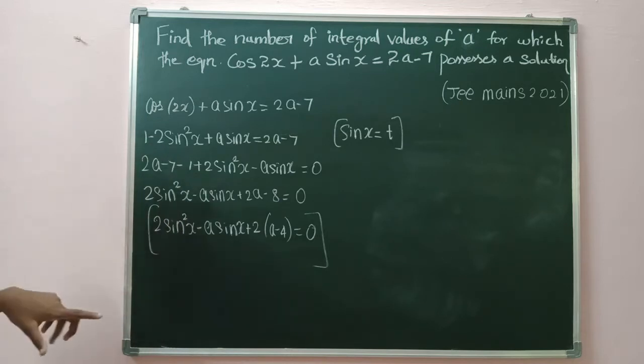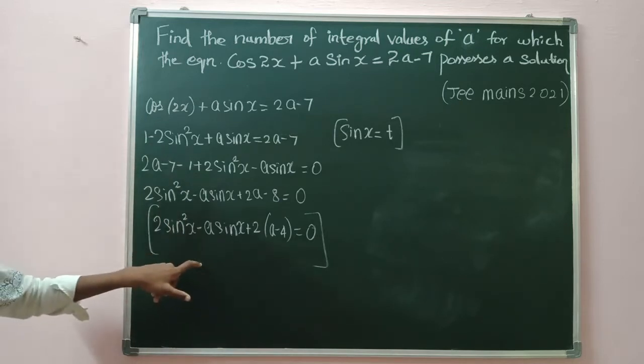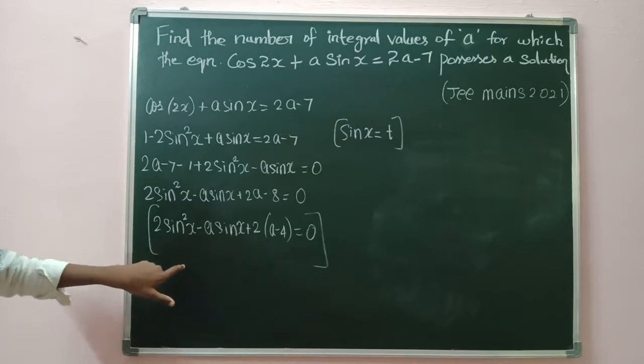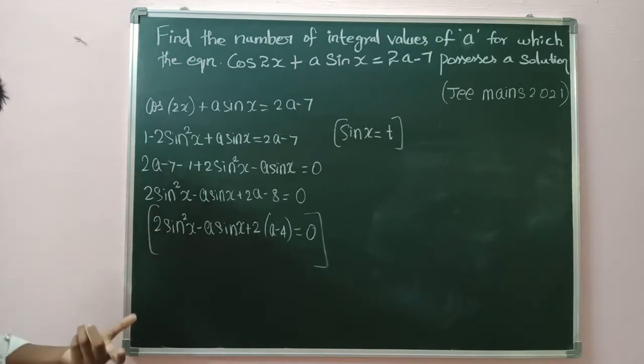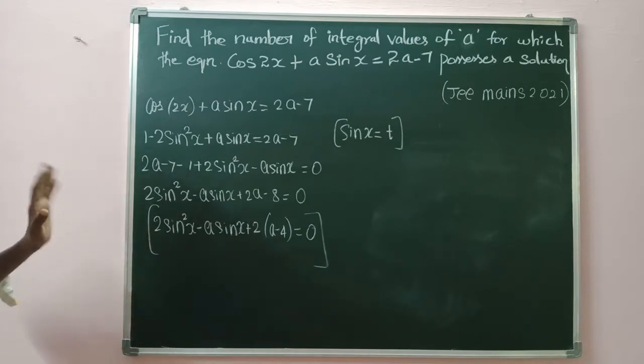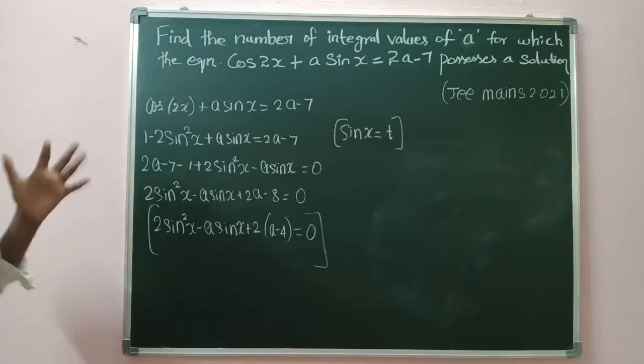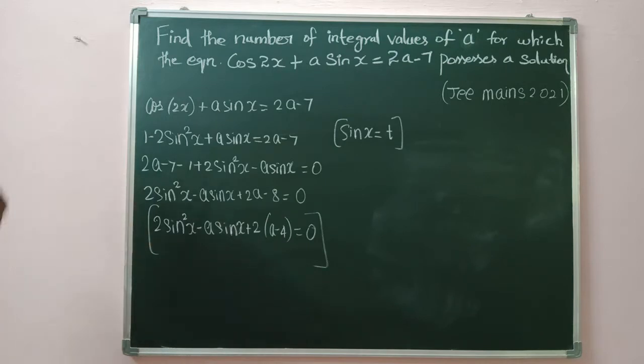Here our motive is to find the value of sin x, because sin x is the root of this equation. So finally we will try to find the value of x. That you guys know. But let me first find sin x. After that only we can go on with x, using your domain. Okay, I hope you understand that.